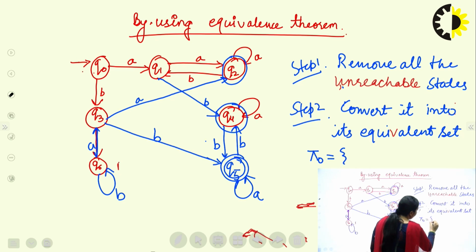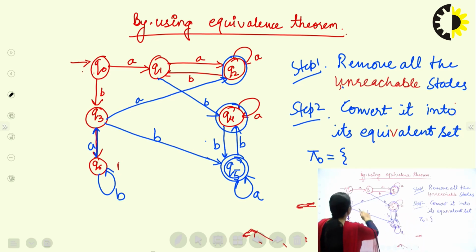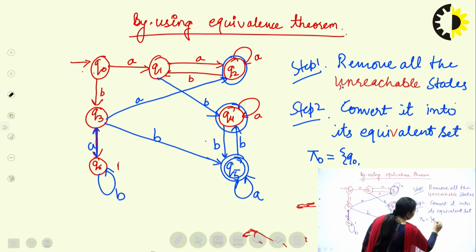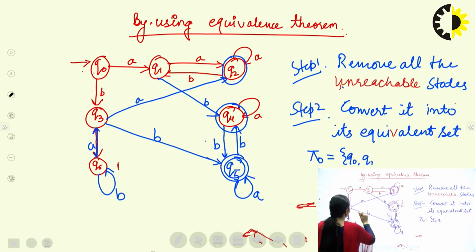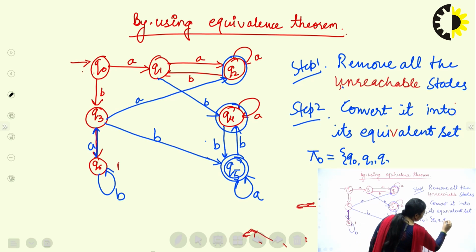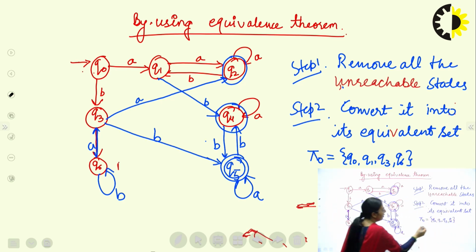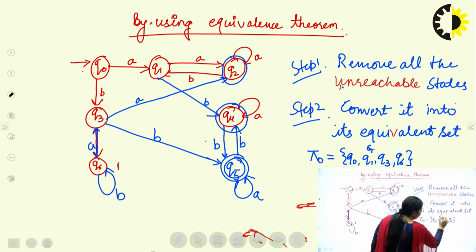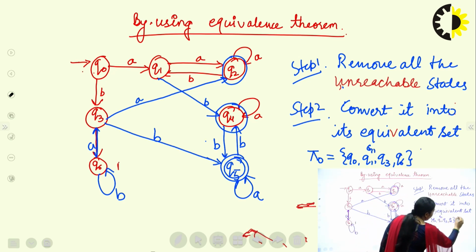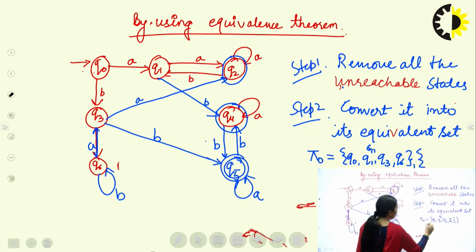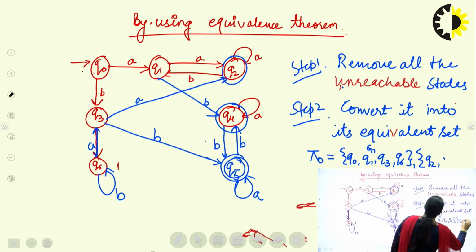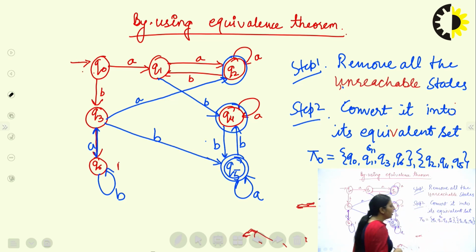That will be all the non-final states, like here it is Q0, Q1, Q3 and Q6. So all the non-final states come under one set. Let's suppose this is G1, and another set contains all the final states. Final states are Q2, Q4 and Q5. Now we have divided it into two sets.